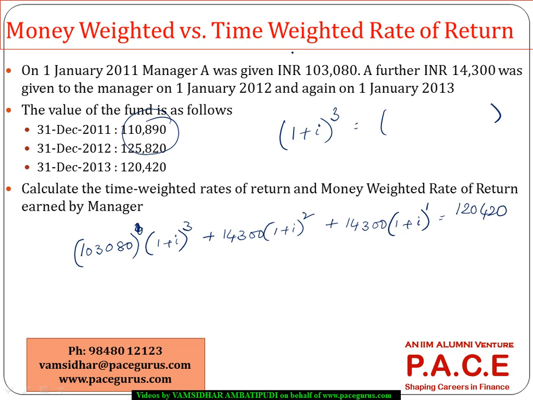Whereas the money weighted rate of return is not bothered about the fund values at those points in time. It is only looking at our overall picture wherein you are investing different cash flows at different points in time and what is the return that is getting generated.